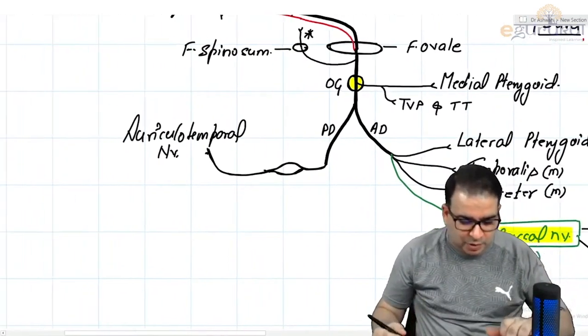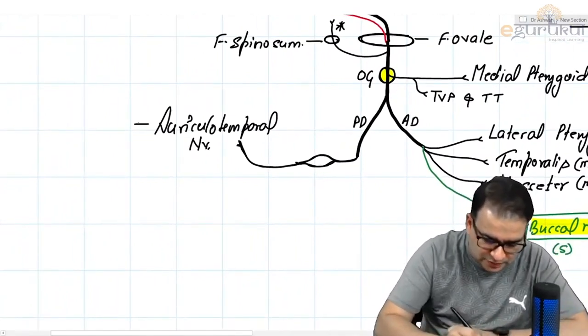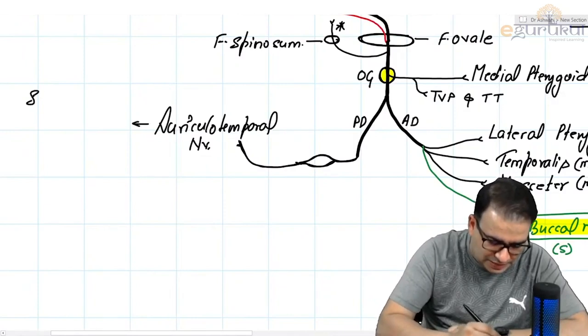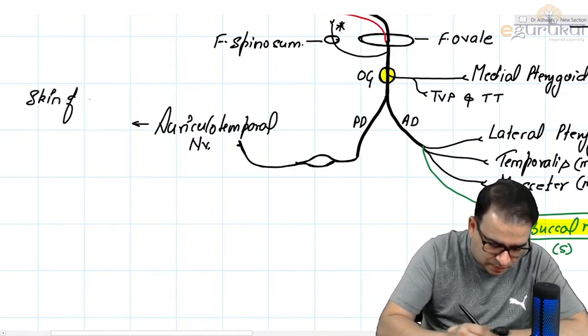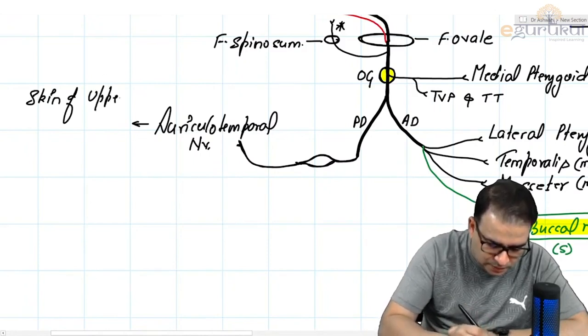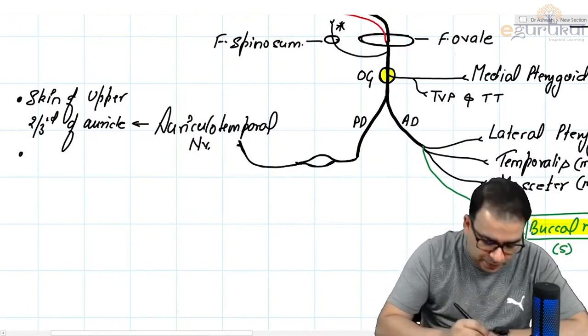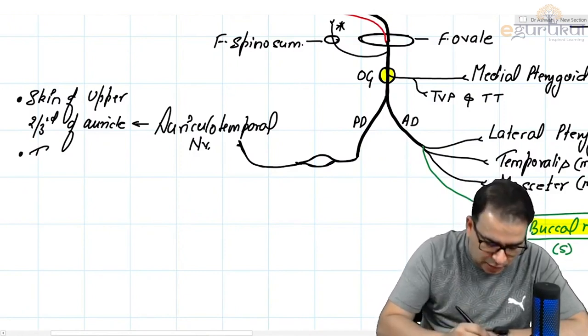It will be better if you write about this auriculotemporal nerve separately somewhere. If you don't have space on the side, you can just write it somewhere, guys. Auriculotemporal nerve, it supplies the skin of, let me write precisely, skin of upper 2/3 of auricle, that is one. Number 2, it supplies the skin of the temple region.